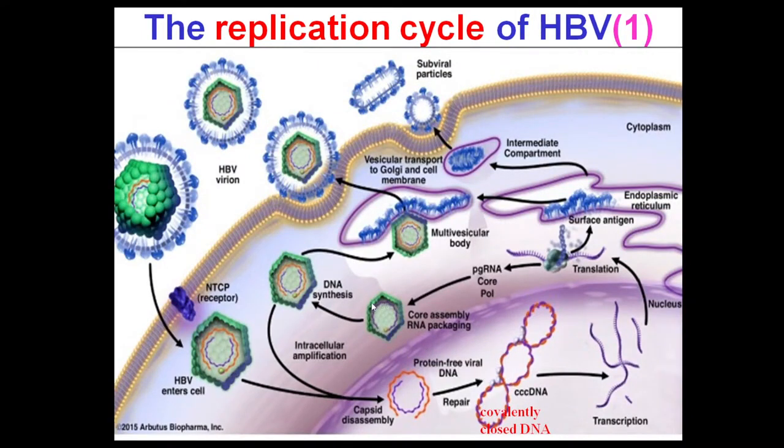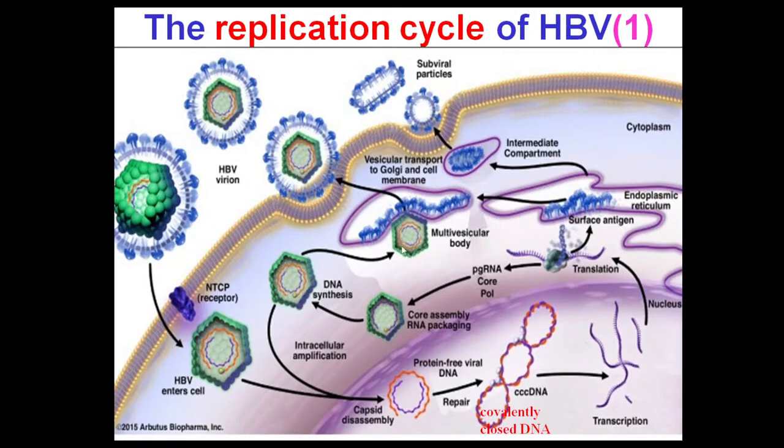So when the pre-genomic RNA, together with polymerase, is packed into the core, only there the DNA synthesis will occur, inside the already packed core where the nucleic acids are packed already.